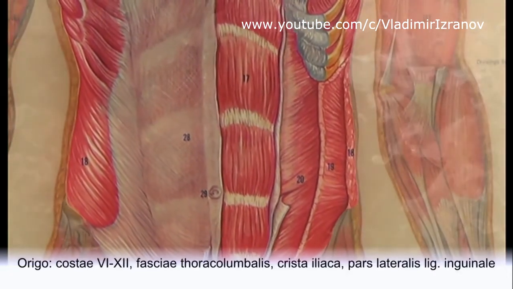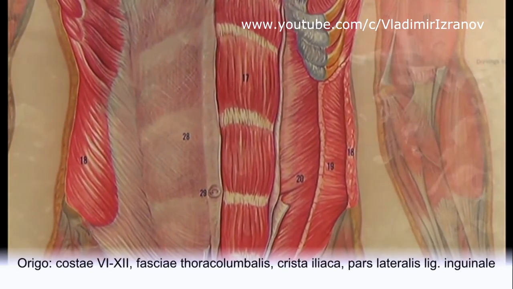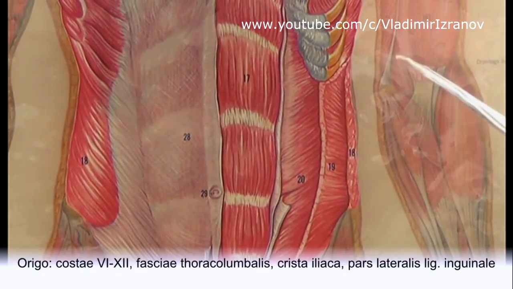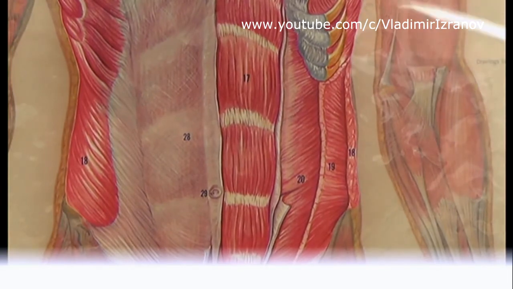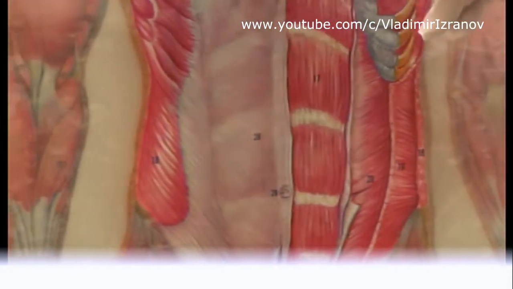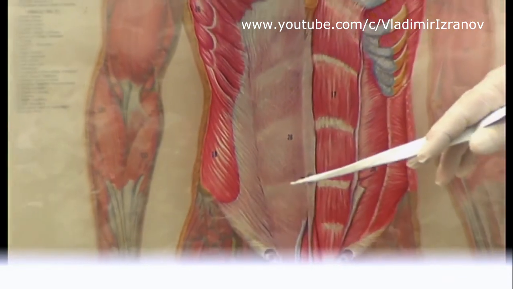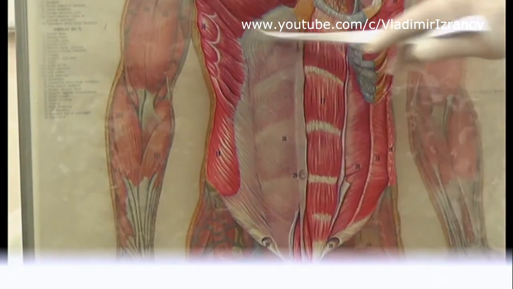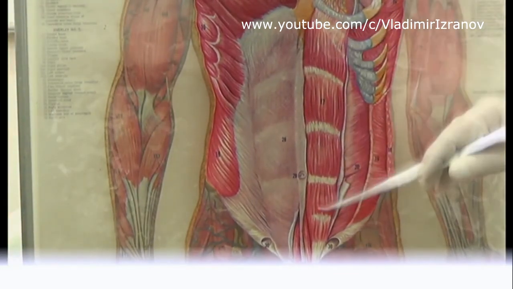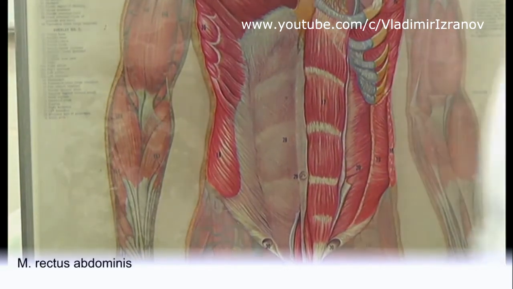And all three muscles have different directions of the fibers, and all of them have an aponeurosis, a so-named white thin tendon, which covers the next muscle, musculus rectus abdominis. Rectus abdominis.